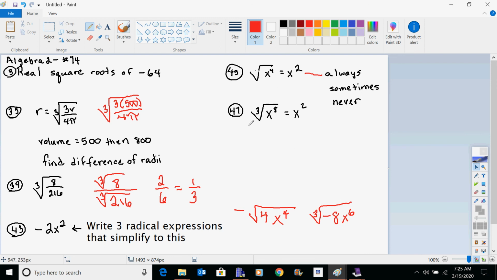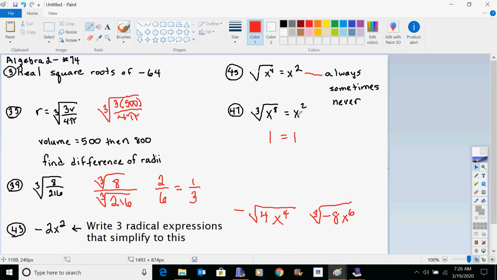This one might fool you into thinking that it's never true because 8 divided by 3 gives you not 2, but there are a few numbers that you could plug in and it would always work. For example, if x were 1, 1 to the 8th is 1, the cube root of 1 is 1, so that would give you 1. So there is an example.